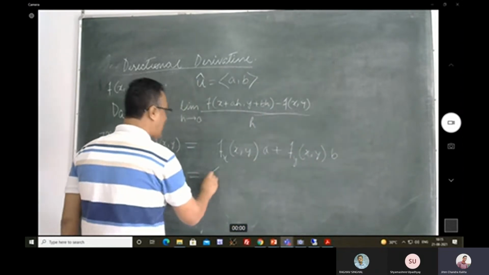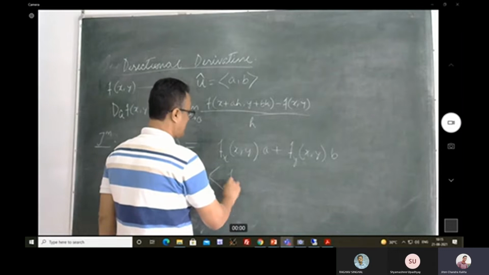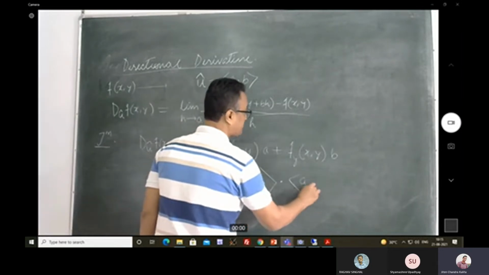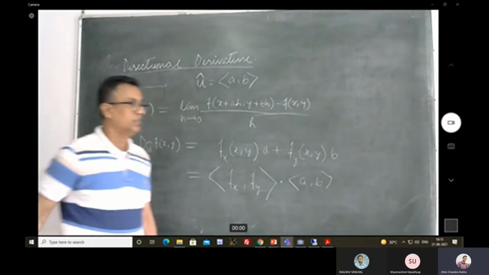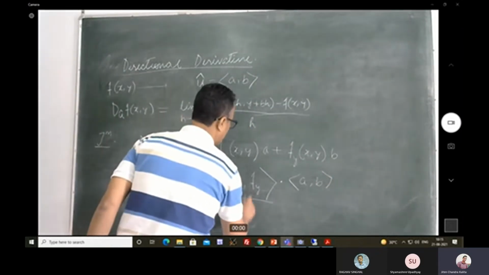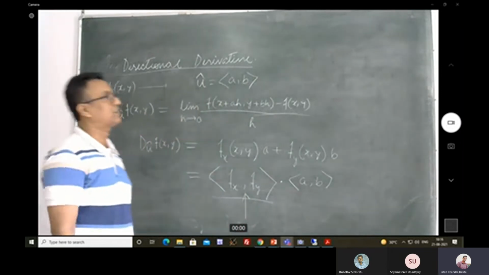This I could have shortly written as the dot product of (f_x, f_y) with this vector u. Now let me come to this vector. This is of course a vector.